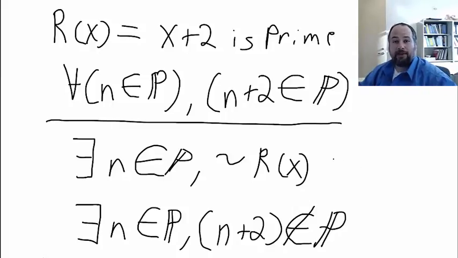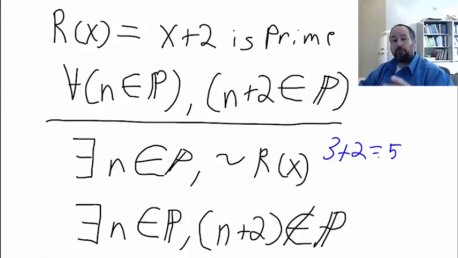That being said, remember that a predicate statement and its negation cannot both be true. Only one of them can be true. Knowing that, which of these is true? Not obviously, but kind of obviously, the negation is true. So pick an example. If you pick 3, 3 plus 2 is 5.